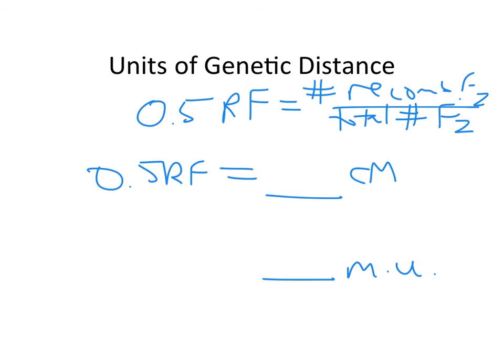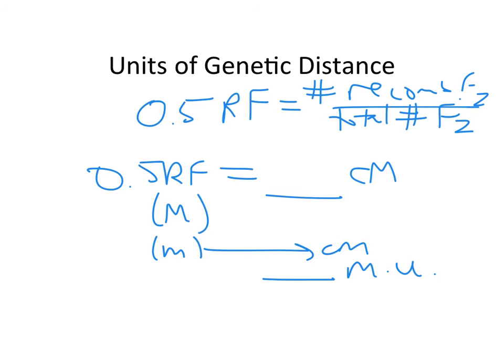Recombination fraction is also known as a Morgan, capital M. So how do you convert? Let's imagine this is a little m. How do you convert that to centimeters? If I tell you something is half a meter long, how many centimeters?